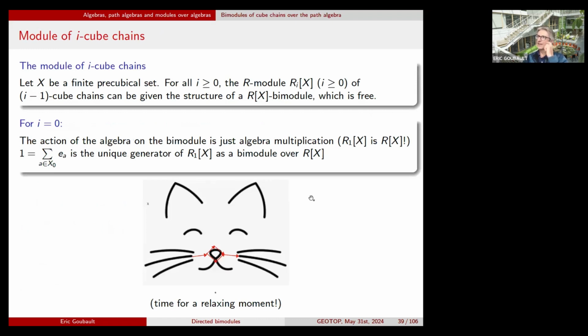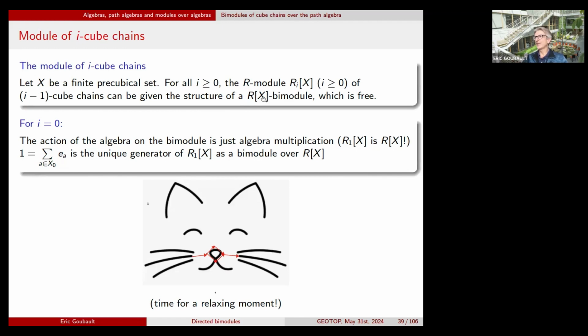So now I can define very easily, I can really very easily see the I-cube chains that I had before, not just as modules over the ring, but as modules over the algebra of directed paths. So what you can prove is that the R module we introduced before of I-cube chains, so actually of I minus 1 cube chains, R_I of X, can be given the structure of an R of X bimodule.